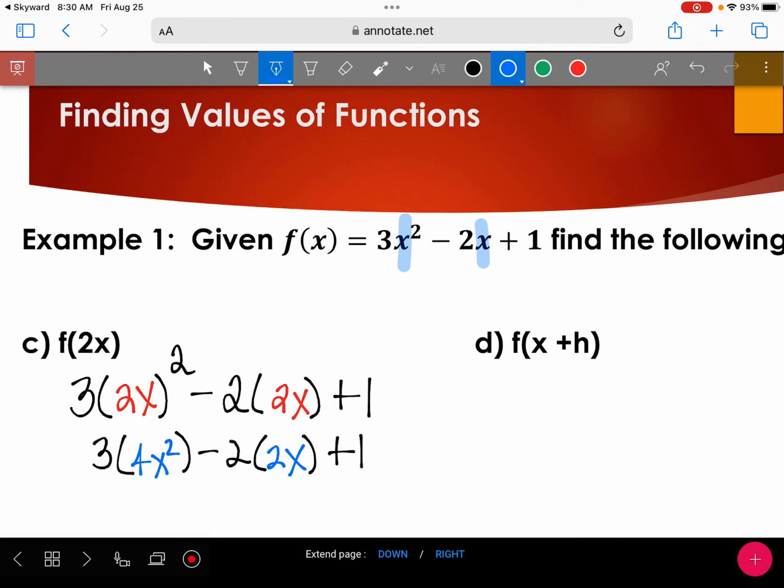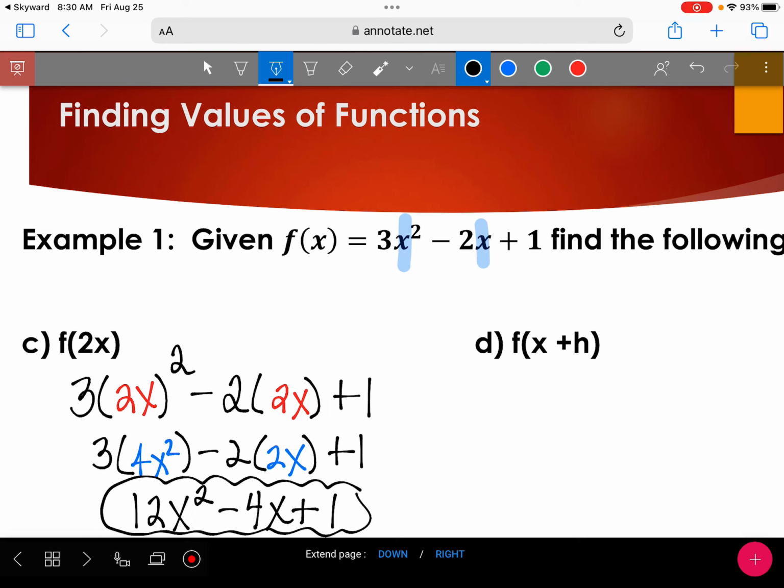And now we're ready to multiply. So my final answer would be 12x squared minus 4x plus 1. You always have an A, B, and C value? No. So for D, we won't have that.